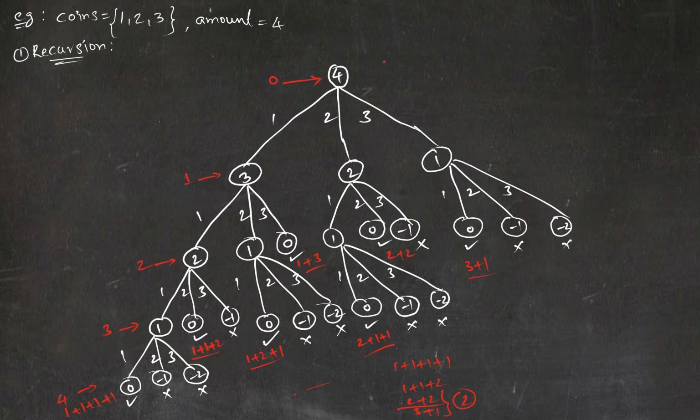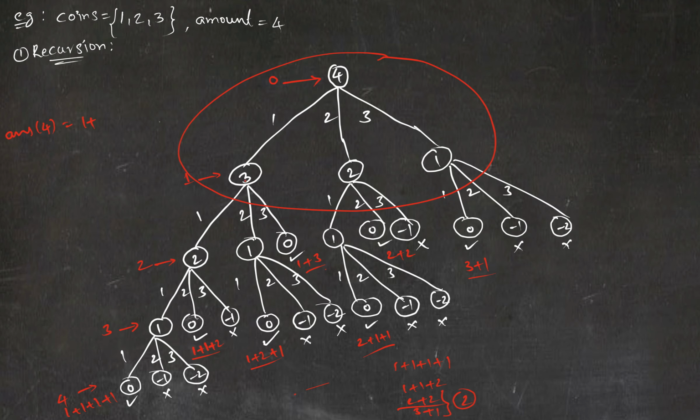Now if we take a look at this particular branch, to get the answer for amount 4, I have to go 1 level down. That means to go 1 level down, I have to spend a coin. It can be any coin, 1, plus I need to take whichever gives me the minimum value out of these.